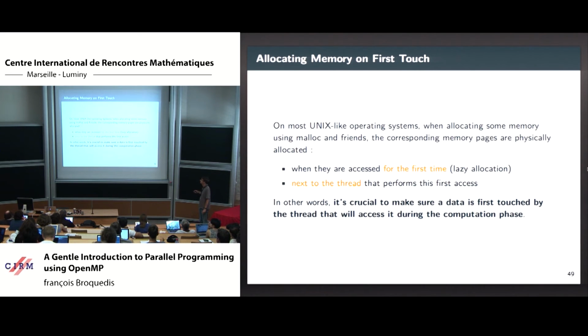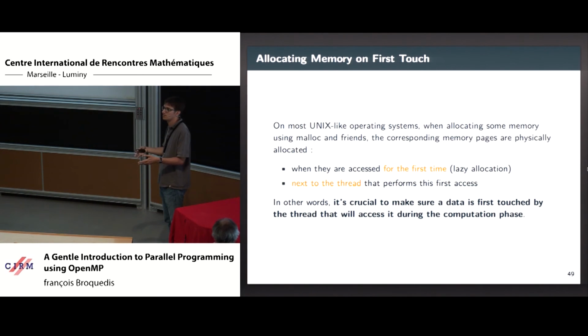And the interesting part is that this memory page will be allocated next to the thread that performed the first access, so basically in the memory bank attached to the processor that is executing this thread. So in other words, if you want to control data placement in your application and rely on the first touch policy, it's crucial to make sure that data is first touched by the thread that will access it during the computation phase.